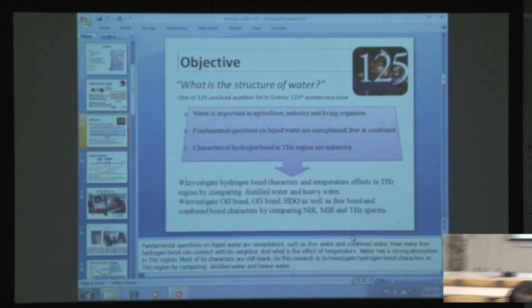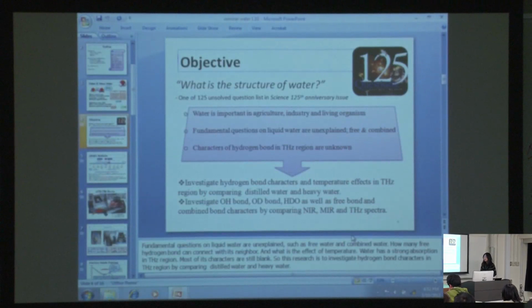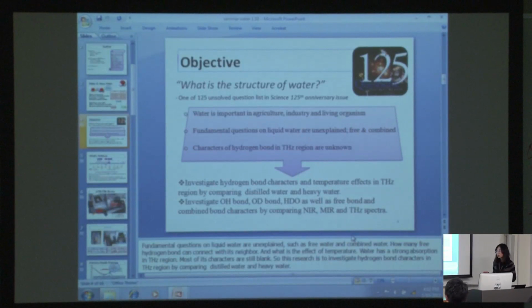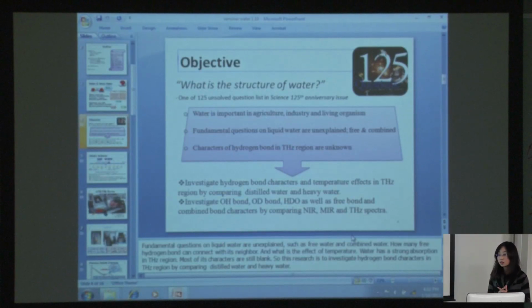Such as, water has very strong absorbance in terahertz region. So before, very few or no researchers conducted work by terahertz. They mainly conducted mid-infrared and near-infrared, mainly no terahertz region. So we obtained our spectrum of water in terahertz region, and because we don't know if it is right or wrong, we compare.